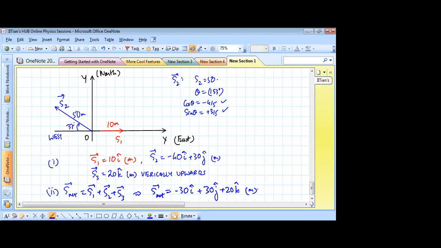Yes, that's the correct answer. Okay. So this is our net displacement. Yes, Prajnesh, your answer is correct.